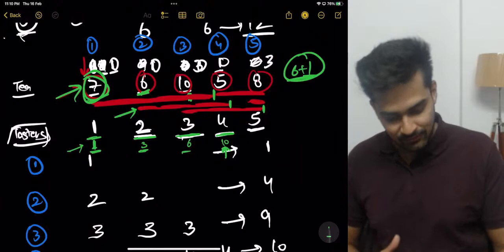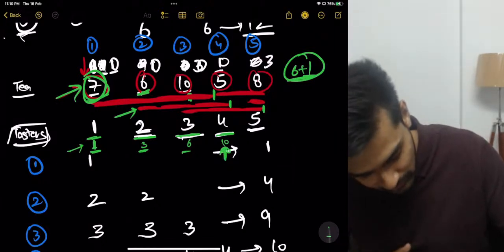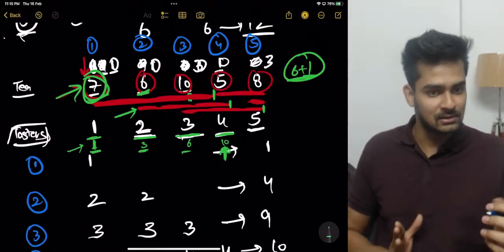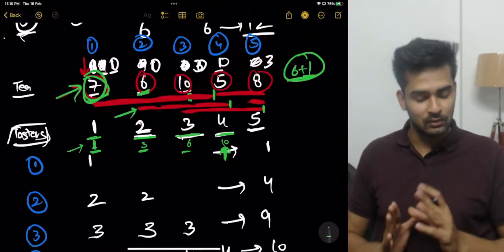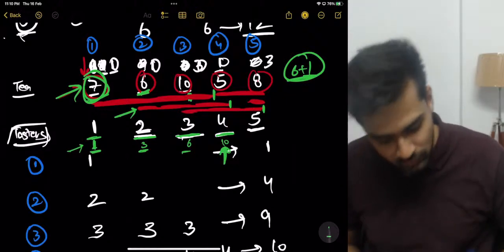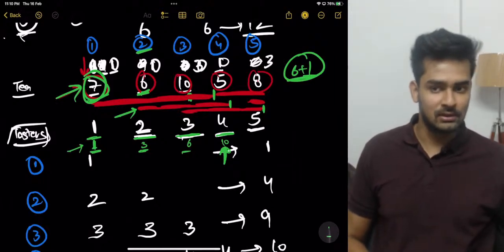If we check for this 7 in the prefix array, we will be able to figure out by lower bound, what is lower bound? Lower bound takes me to an index whose value is either greater than or equal to that particular value. So this 7 will again take me to the fourth person, saying that the second person will be able to reach till the fourth person only.